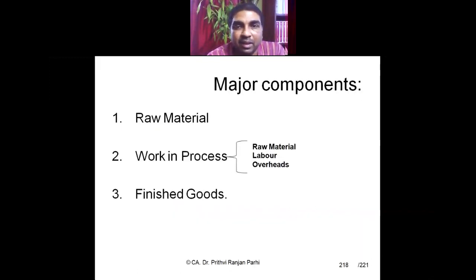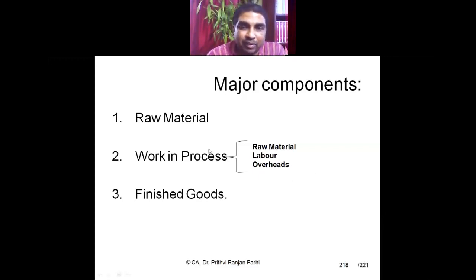There are also three major components which have to be dealt with in inventory management. One is raw material. Next is WIP, which consists of raw material, labor, and overhead. In earlier sessions we discussed this.